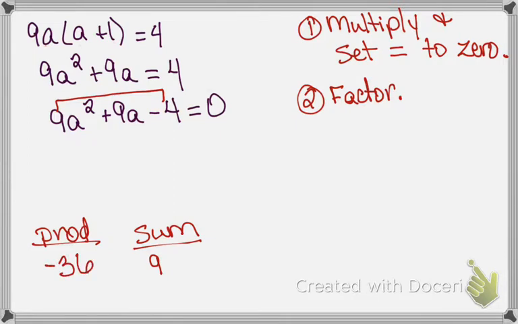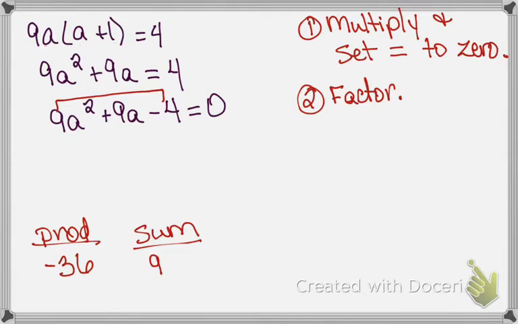What can you tell me about my two numbers? What can you tell me about their signs? They're going to be opposite signs, okay? Because we have a negative product, opposite signs. Which one's going to have the greater absolute value? The positive number. Excellent.